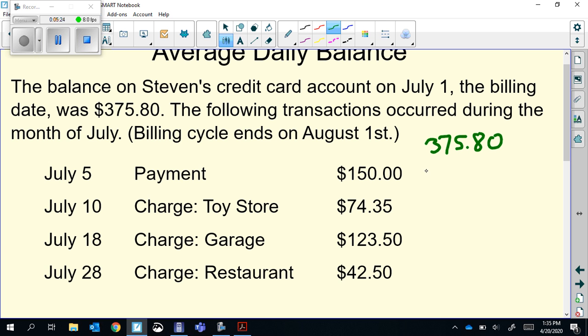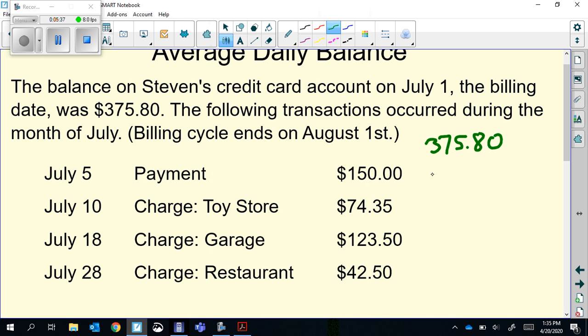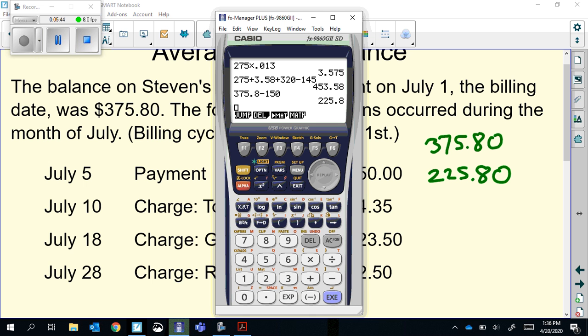And then there was a payment made of $150. So that's $225.80. And then there was a charge.